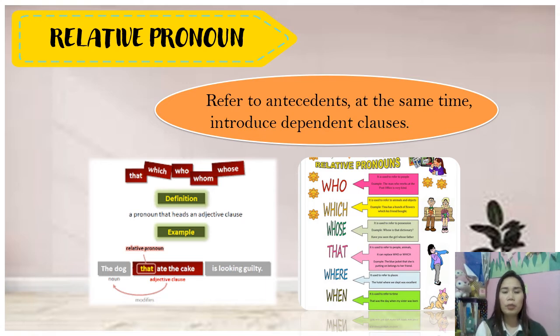Relative pronouns include that, what, which, who, whom, and whose. Traditionally, who refers to people, which and that refer to animals or things, and whose refers to possessiveness, where is a place, and when is time. Okay, so let's have some examples.